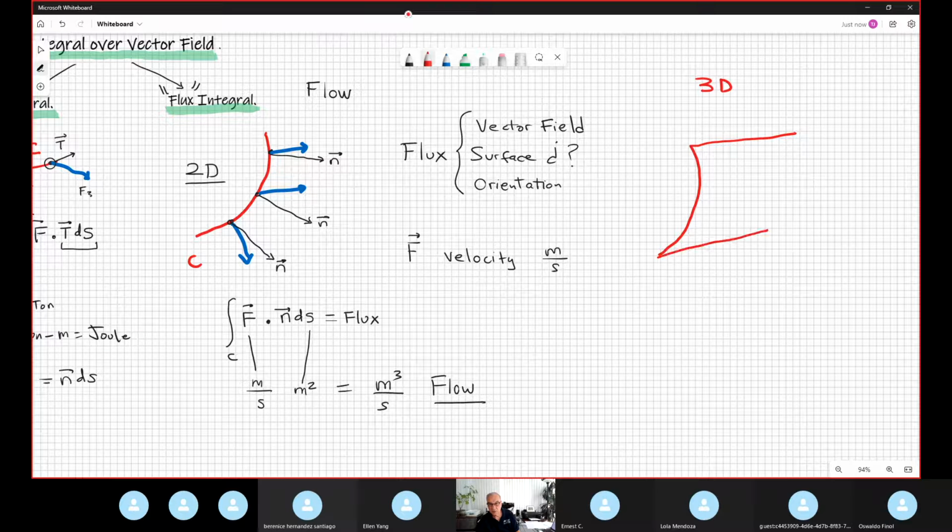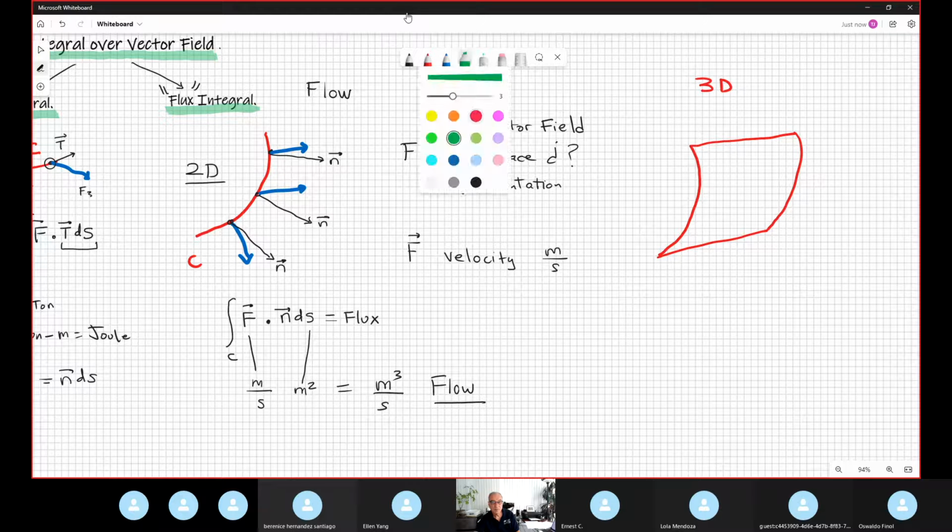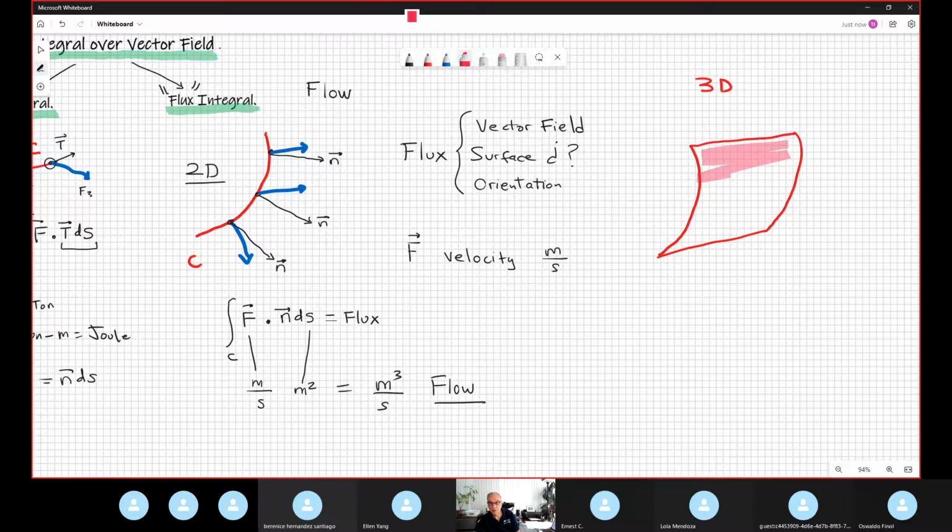Suppose now that we have a surface, and this surface is formed by this curve, exactly this curve I did before. Here. But the other dimension that you don't see, perpendicular to the whiteboard, is equal to 1.